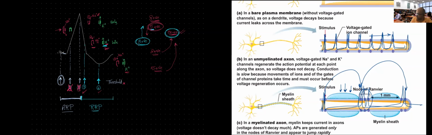Which one is faster? Follow here the pointer. This is the conduction of the signal here in an unmyelinated nerve fiber. And now the conduction in a myelinated nerve fiber. Which one was faster?